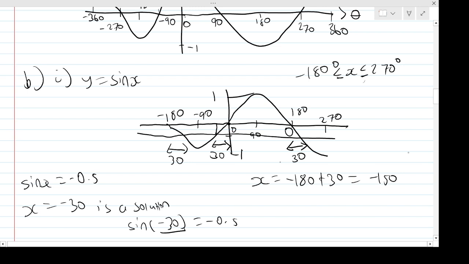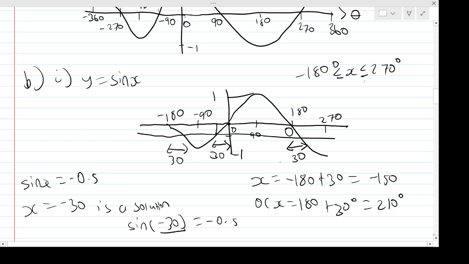So that gap is also going to be 30, right? But in this case, we want to go 30 over 180, when the curve hits 0 here. To get to this point there, I need to add 30 to go along because that's the gap, right? So the next solution is going to be 180, positive 180, add 30 to get 210, right?